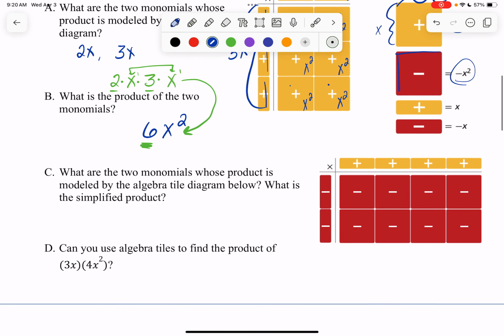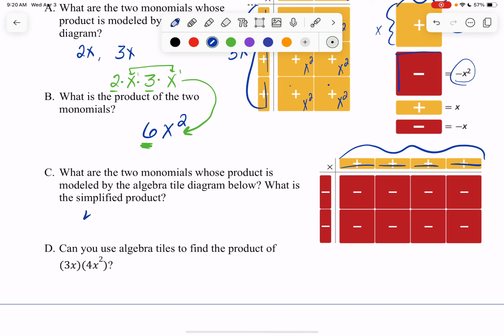Okay, let's look at the next one. What are two monomials whose product is modeled by the algebra tile diagram? What is the simplified product? Let's look at one side. This side here is 1, 2, 3, 4 x's, and they're positive because they're yellow. This side is 2 negative x's, so negative 2x. Those are the two things I'm multiplying.